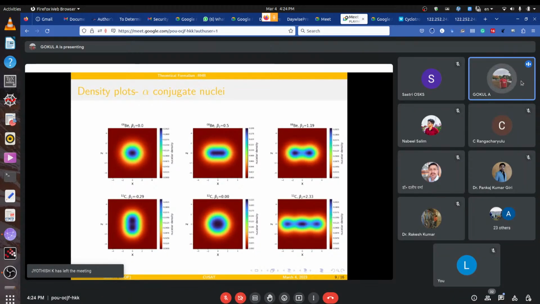As an example, before going into my work, I'll be showing the localization of alpha conjugate nuclei. With my studies, I have studied how the structure of nuclei is related to the cluster effects, and how it changes with the deformation parameter. For a beryllium-8 nucleus, the deformation is zero for a spherical nucleus, as shown here in the figure.